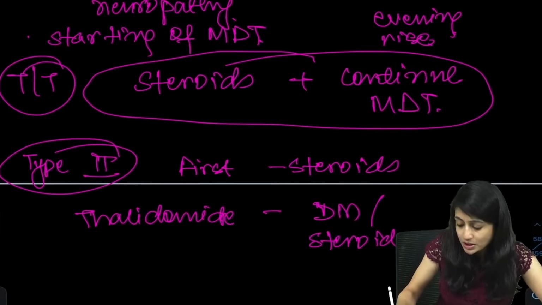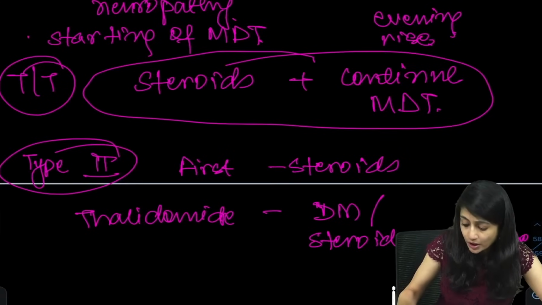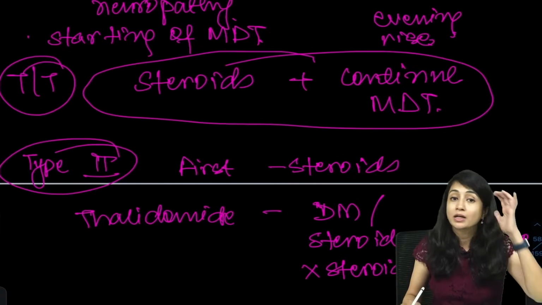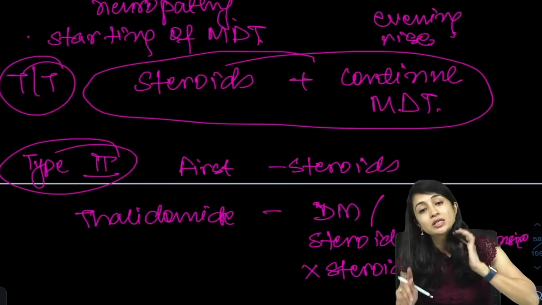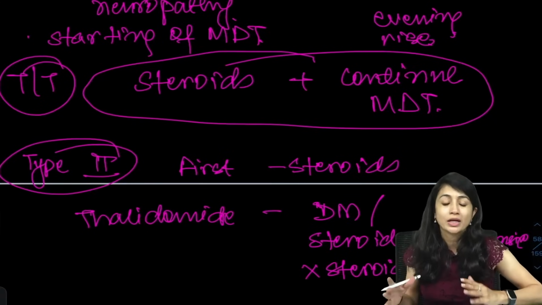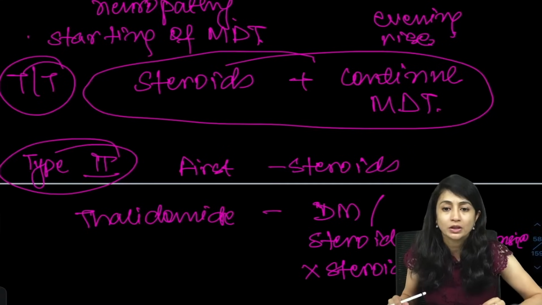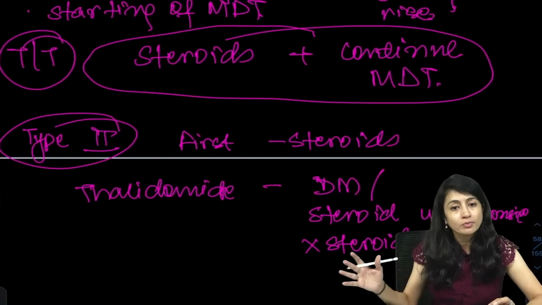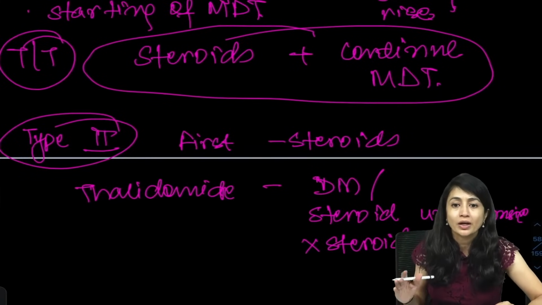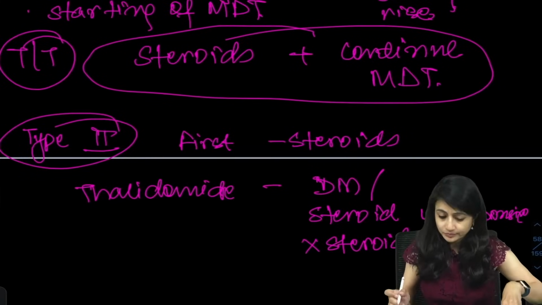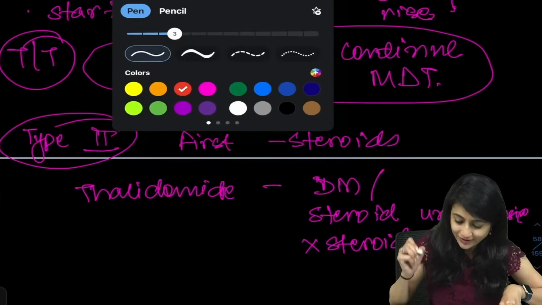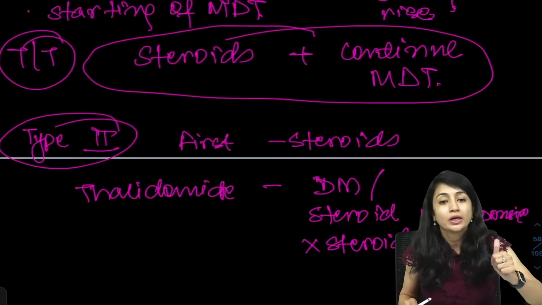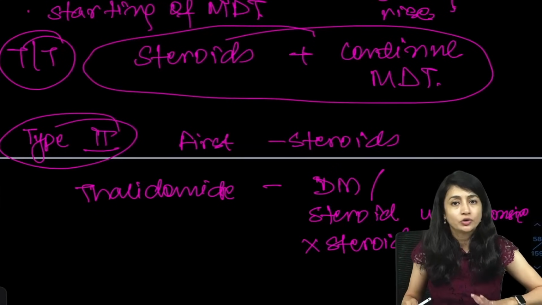So if there is any situation in which you cannot give steroid to the patient, there my thalidomide becomes my drug of choice. Otherwise, steroid is the drug of choice for both types of reaction and continue MDT. Please remember this, okay? So, even if you're not able to differentiate, write steroids and continue MDT. And if you cannot give steroids, then you give thalidomide, okay?